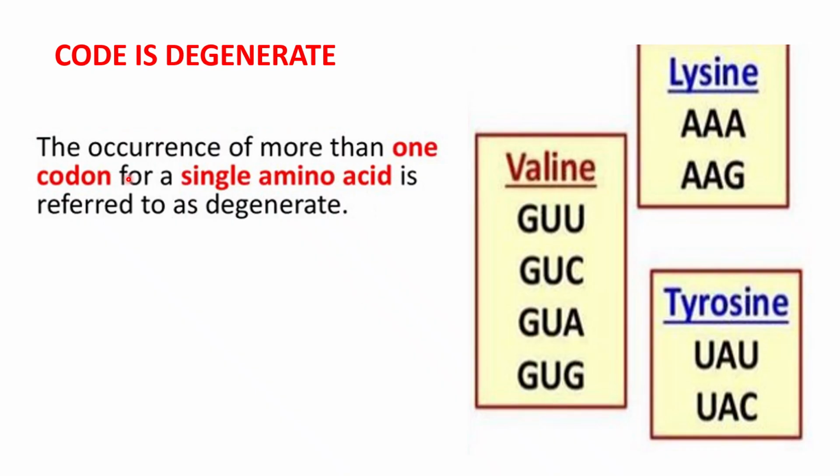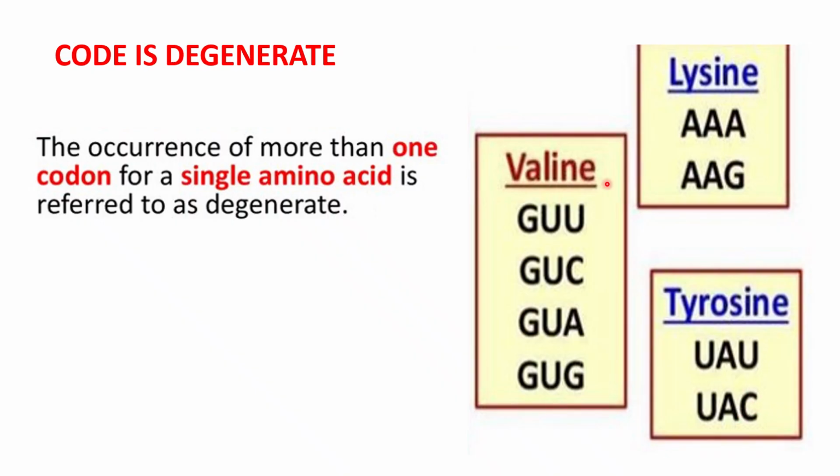The second property says code is degenerate. That means the occurrence of more than one codon for a single amino acid is referred to as degeneracy. For example, amino acid lysine is coded by AAA and also by AAG. Similarly, tyrosine is coded by UAU and UAC.